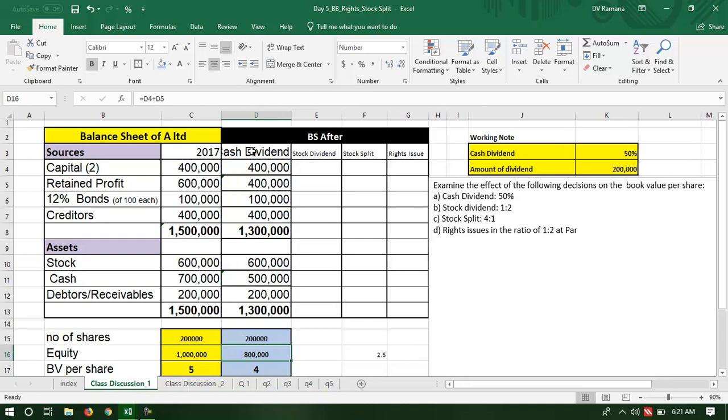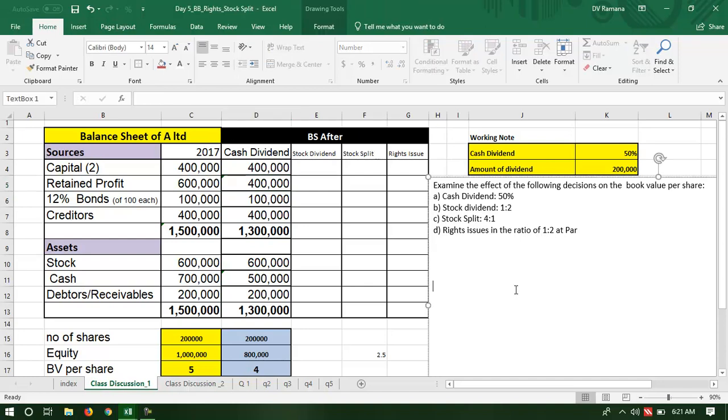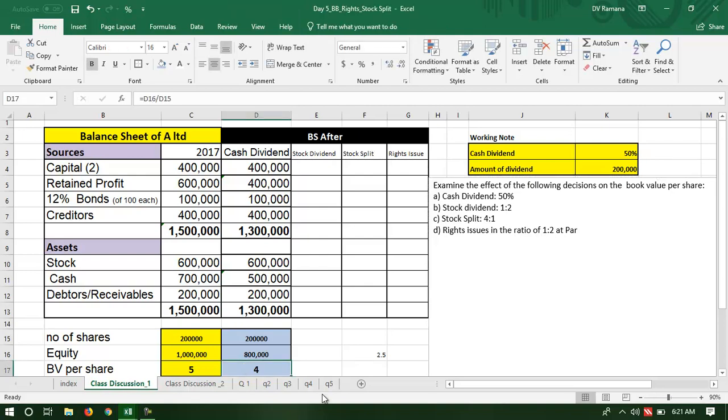Why did the equity come down? Equity has come down because the retained profit has come down. And the retained profit has come down because the dividend has been distributed. So cash dividend leads to reduction of cash, reduction of retained profit, and reduction in the book value per share.